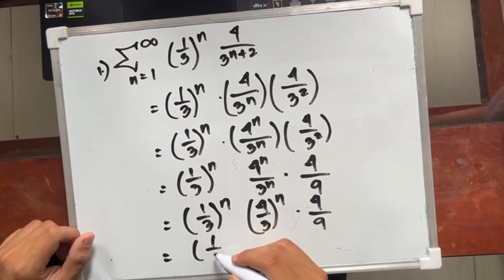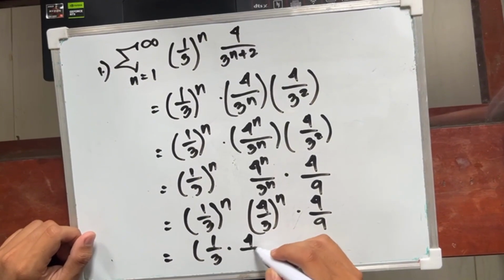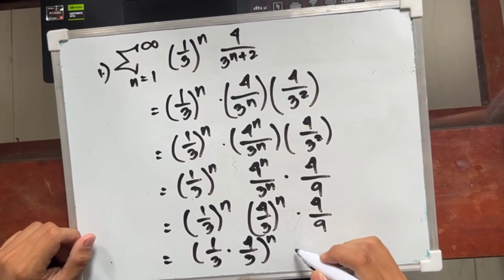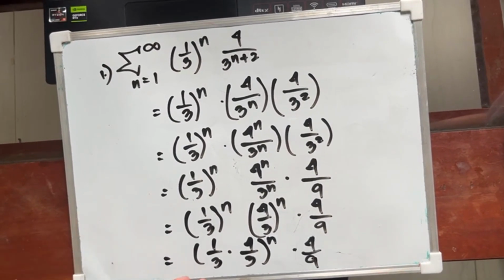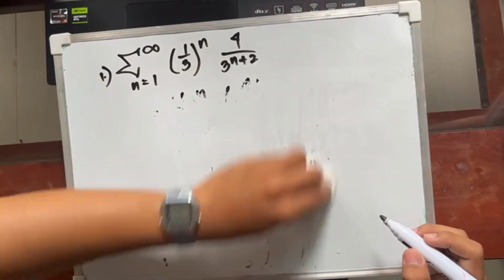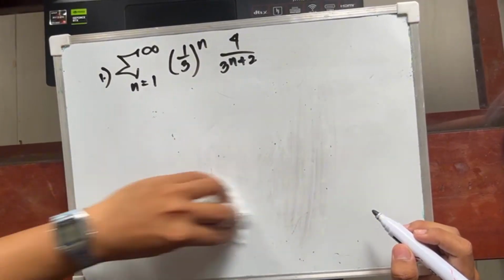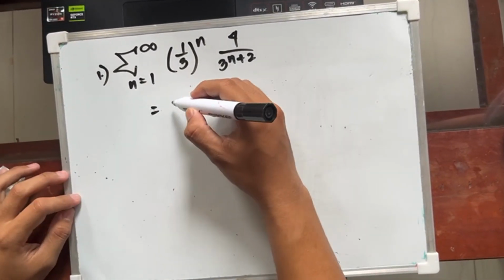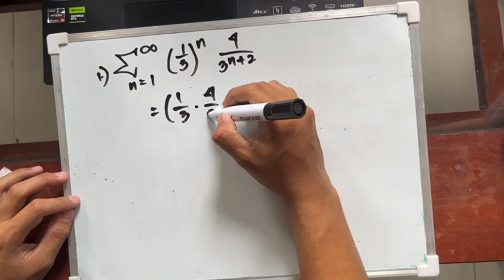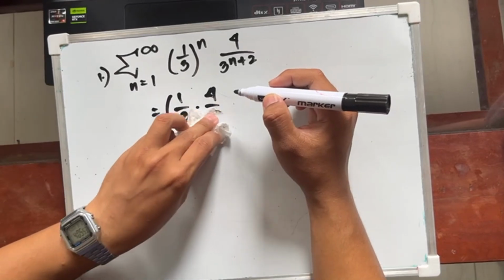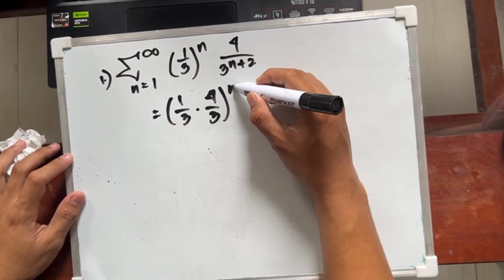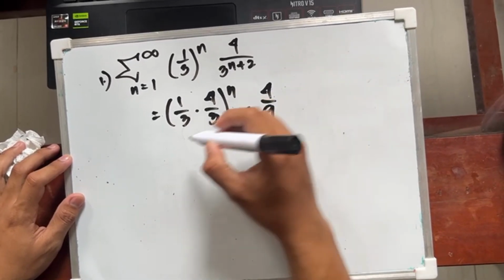We have a common exponent, so let's times them. Copy the 4 over 9. Let's solve the 1/3 and 4/3. Let's copy the 4 over 9.